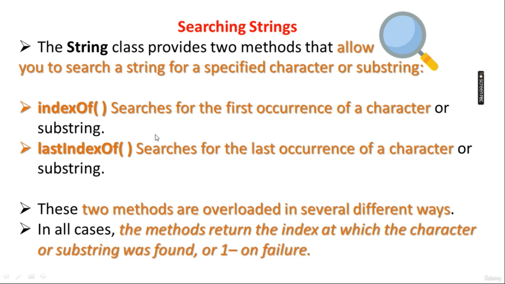So what we are doing in searching strings is searching a string for a specified character or a substring. We are checking whether a particular character, string or substring is there in that string. indexOf will give you the first occurrence of the character or substring in the string, and lastIndexOf will give the last occurrence.